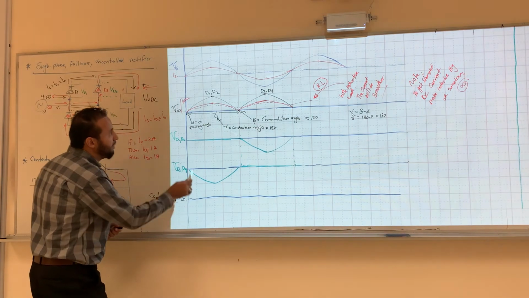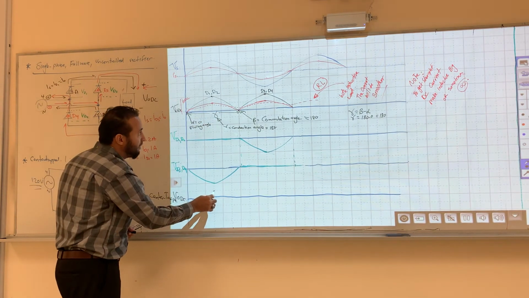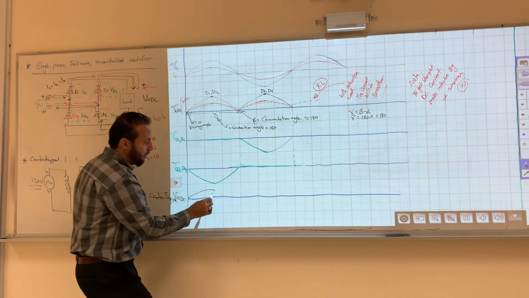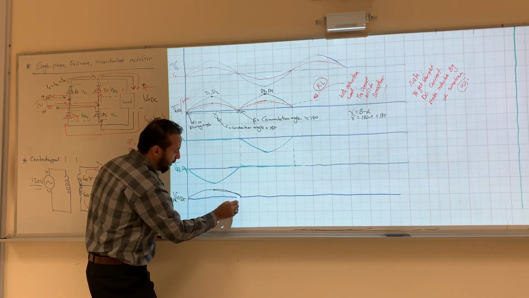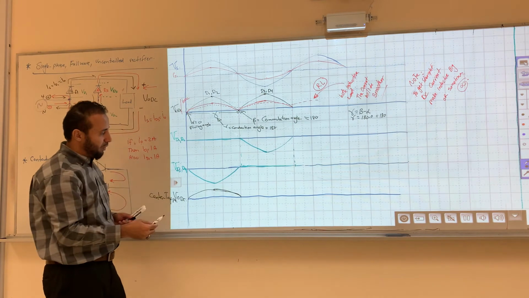I will have the peak. You see the peak here? Two boxes for the volt, I will have it only one box. So it will be like this, and then it will be like this. Sorry for my drawing, but I want you to see the drawing.